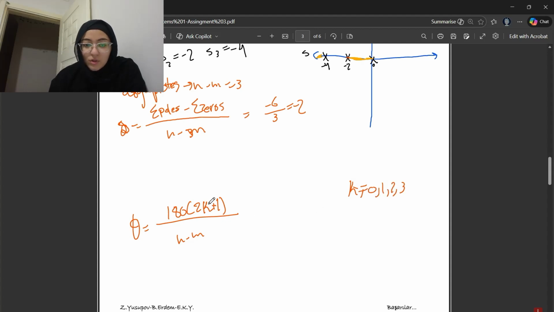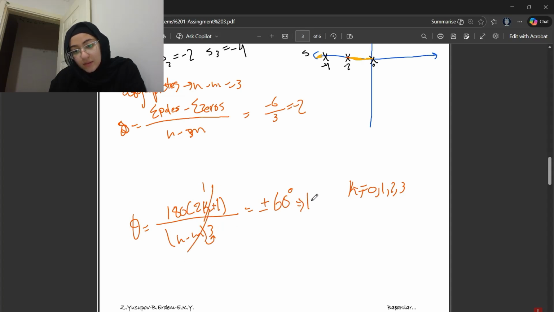When k is 0, it's going to be 180 over 3, so negative and positive 60 degrees. The second one, k is 1: 2 multiplied by 1, plus 1, is 3, over 3, so it will be 180. We need 3 thetas.